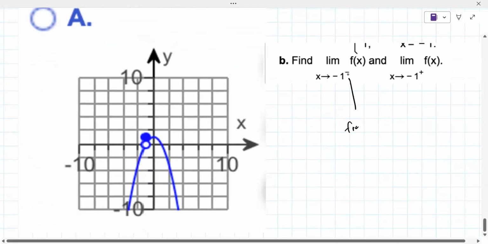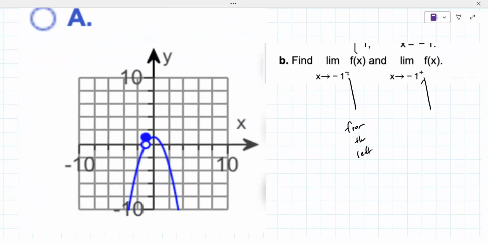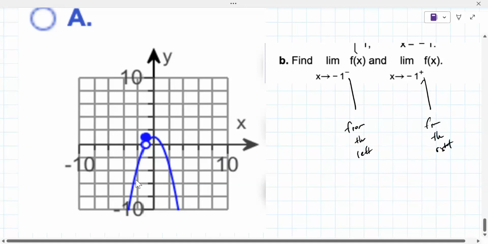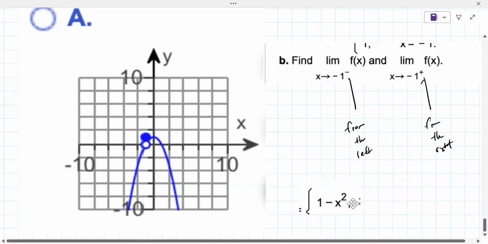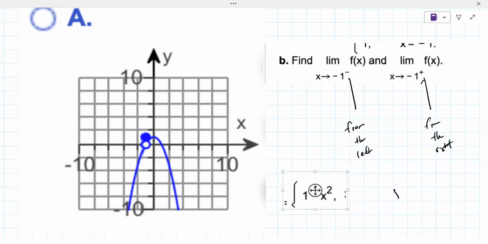Remember that language, from the left, from the right. So from the left, what does it approach there? What's the Y value there? And if you're not sure, you have to go back to the equation. What happens when x is -1 here?